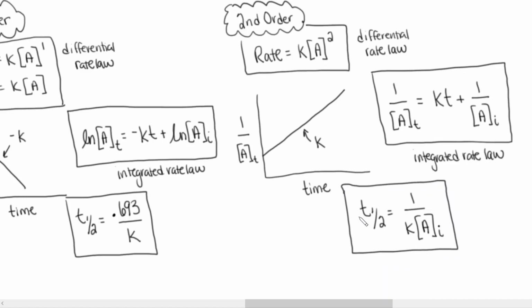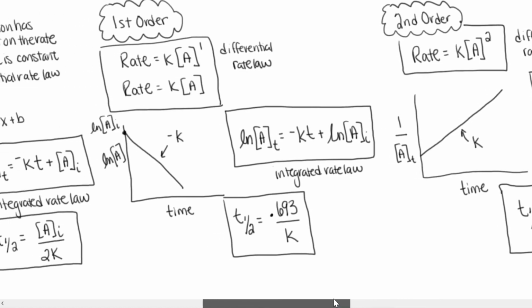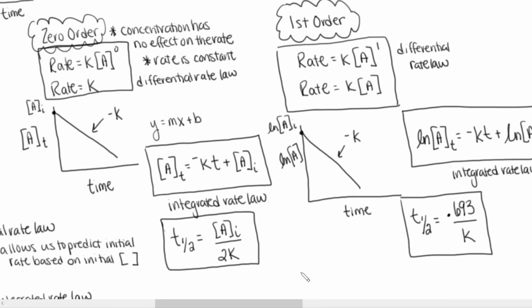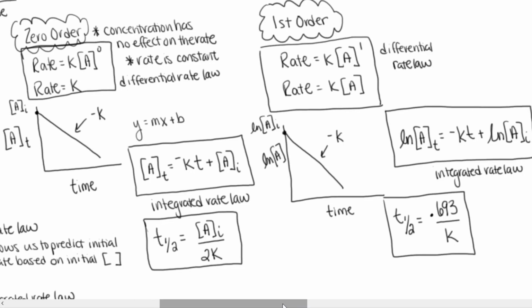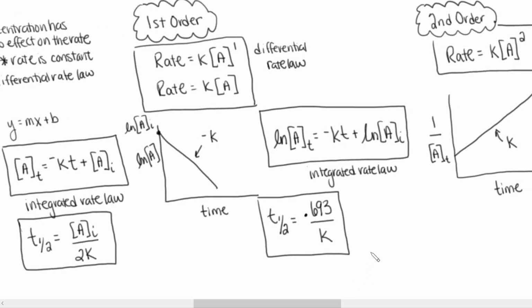Now, what I'd like you guys to notice is that 2nd order half-life depends on initial concentration. Like the half-life is going to change depending on how much stuff you start with. 0 order reactions also depend on the initial concentration. They're going to change depending on how much stuff you start with. But notice for 1st order reactions, the half-lives don't depend on the initial concentration.